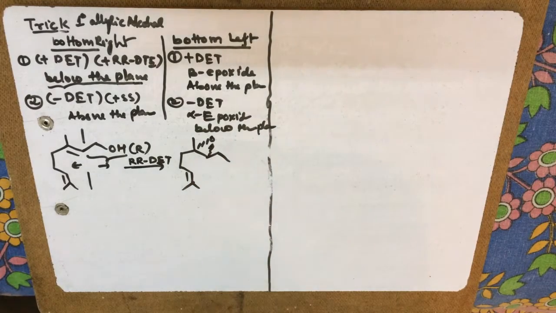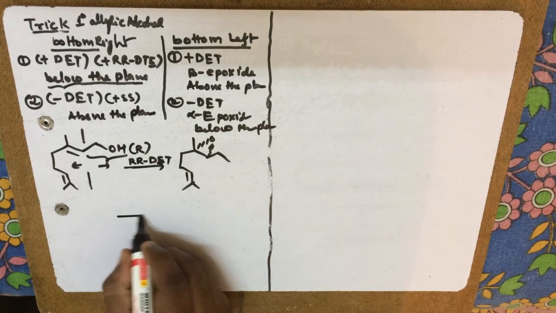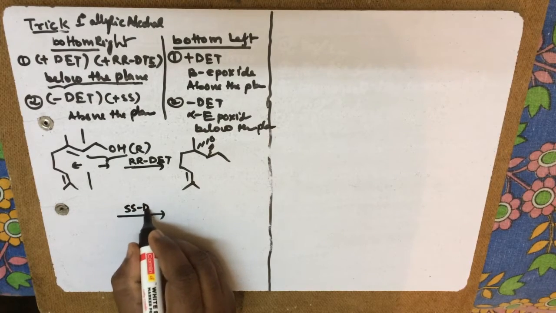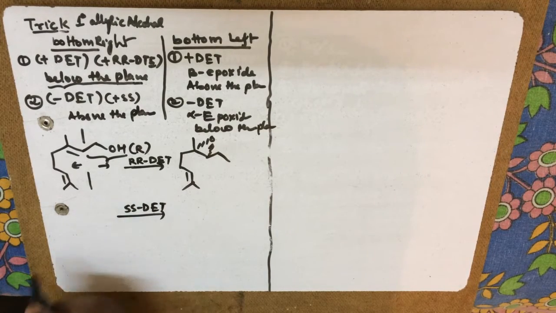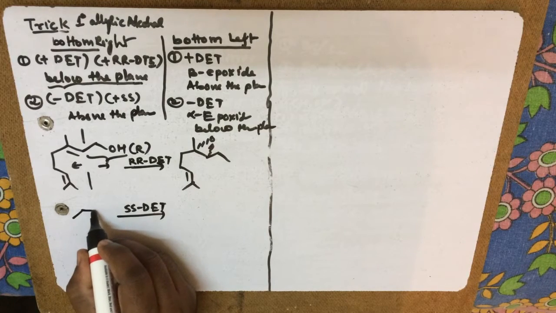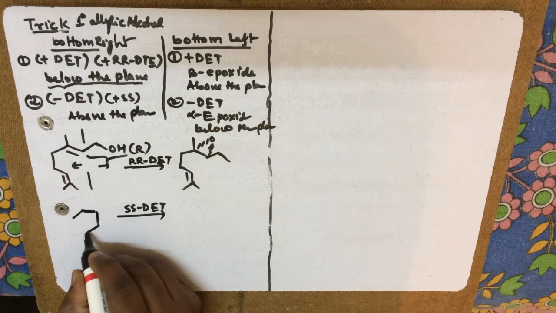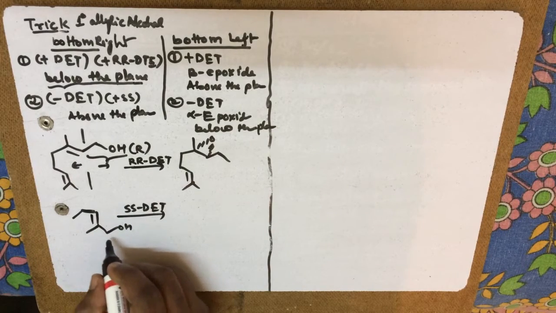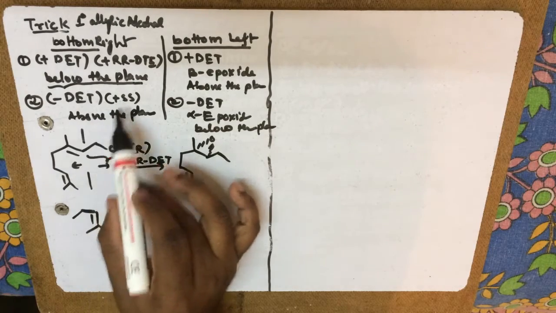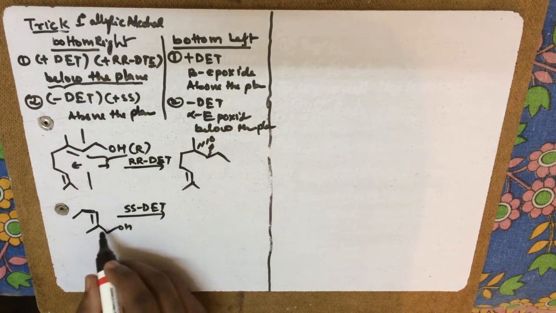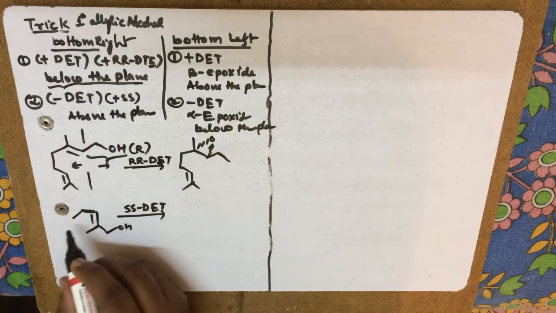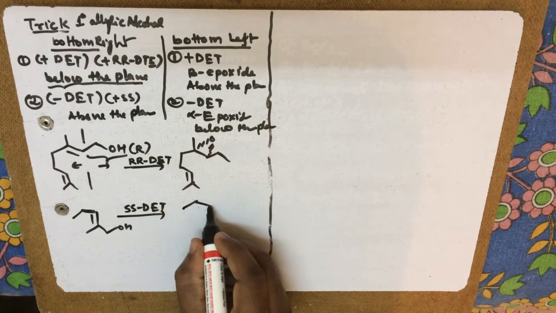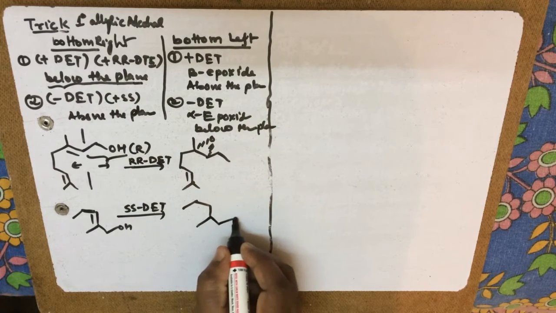This is the product. If you have SS minus DET, and you have a product like this, this is also bottom right, but you have minus DET, so it will form above the plane.